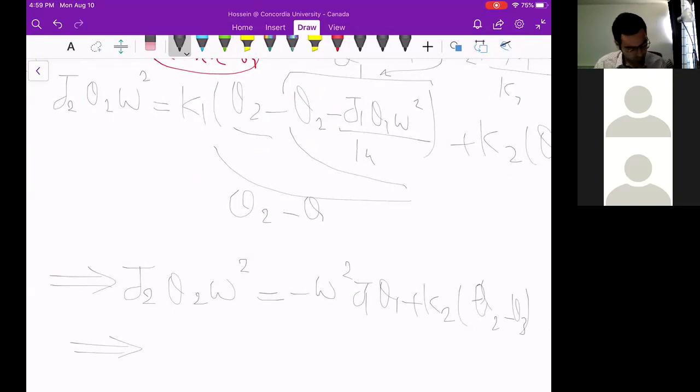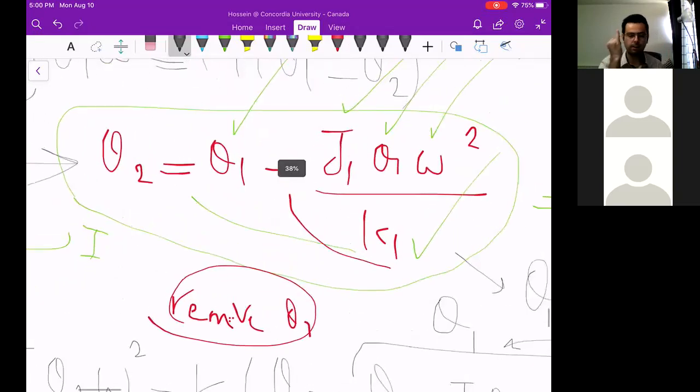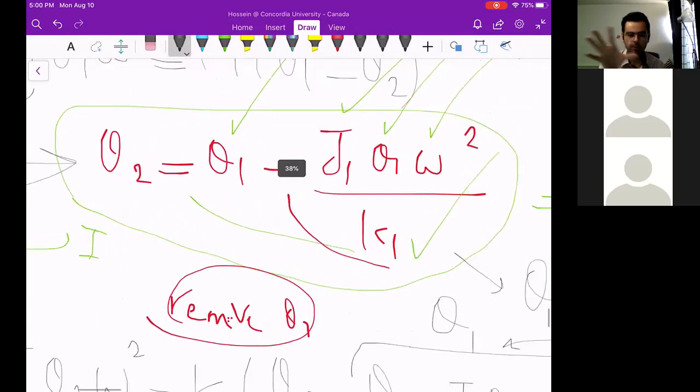At the first step, we obtain this relation: we have theta 1, which is always 1, and we obtain theta 2.